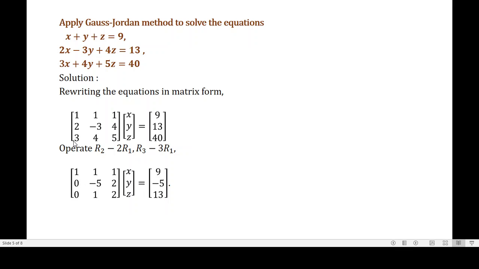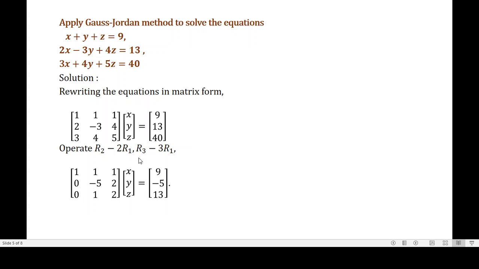Now, let us make the third element in the first column 0. The third element in the first column is equal to 3. How to make this element 0? Let us multiply the first row elements by 3 and then subtract it from the corresponding elements of R3.